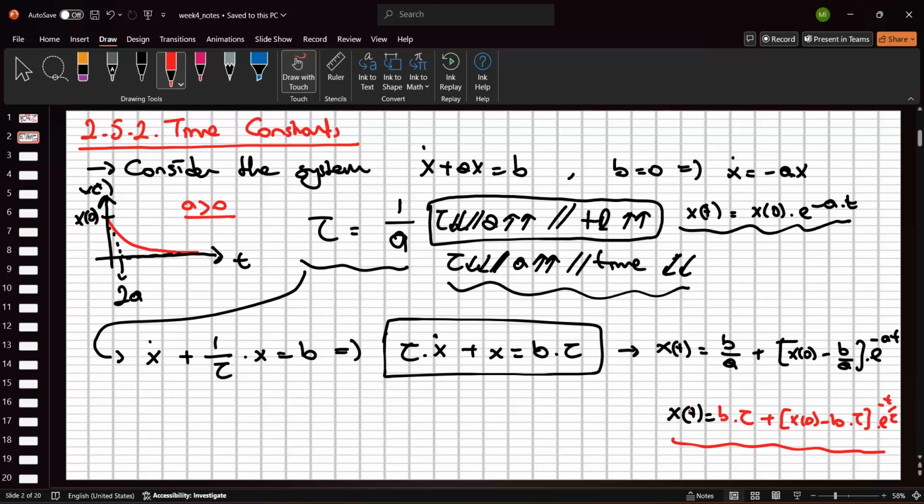Just see the equation, guys. See, if the tau is decreasing, then the steady state response is decreasing, right?